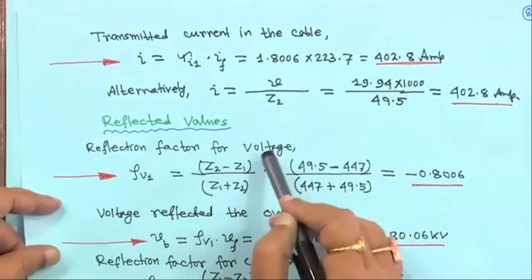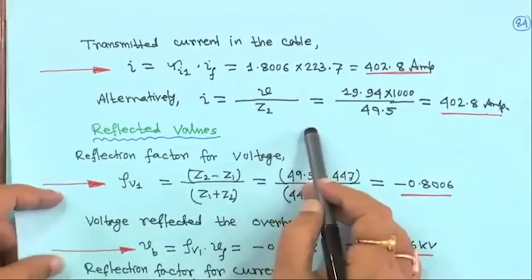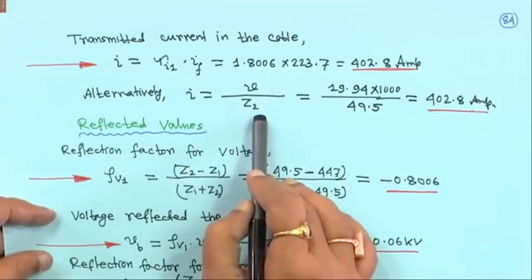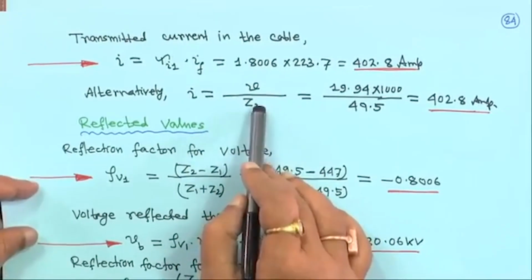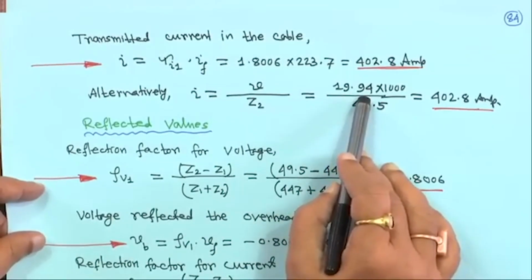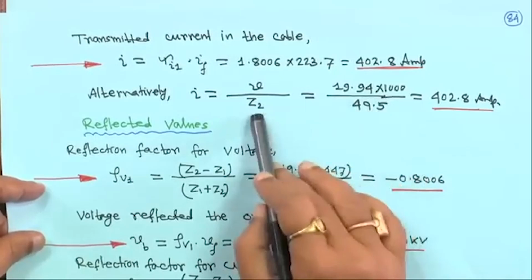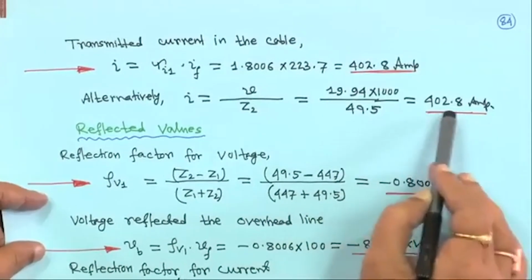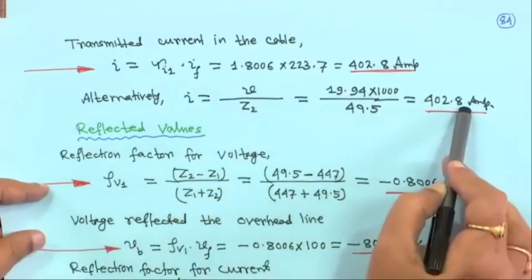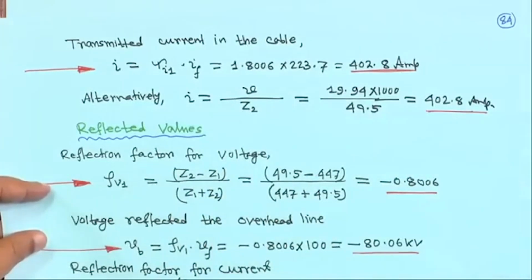Alternatively, for checking, the other way you can do it is I is equal to V upon Z2, where Z2 is the surge impedance of the cable and the refracted voltage is 19.94 kV. Make it in volt and divide by 49.5, you will get the same 402.8 ampere. This is an alternate calculation; the way you want, you can do it.